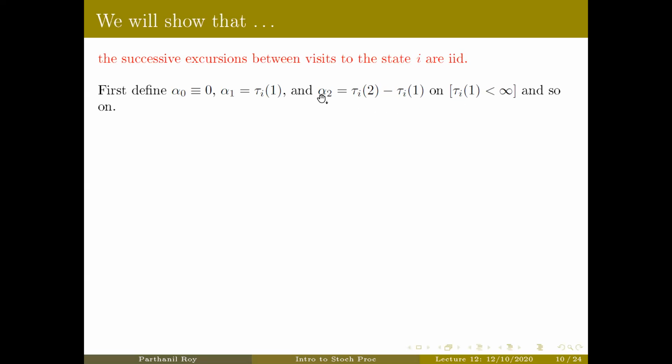And we go on doing this. We can then define the third return time and so on. It's clear that these are nothing but the lengths of the excursions. Each alpha k is just the length of the kth excursion between visits to I. So alpha 2 is the length of the second excursion: how long it takes to come back to I the second time, right after the first time.